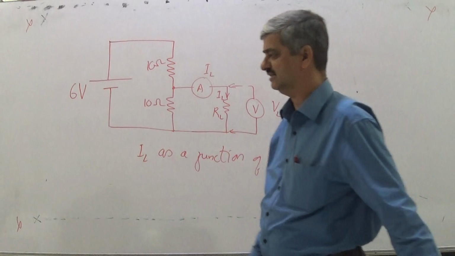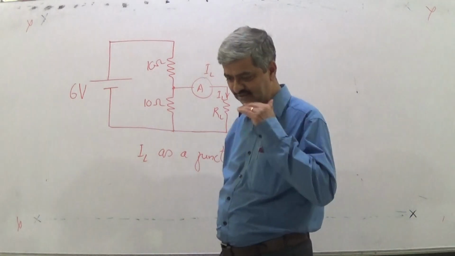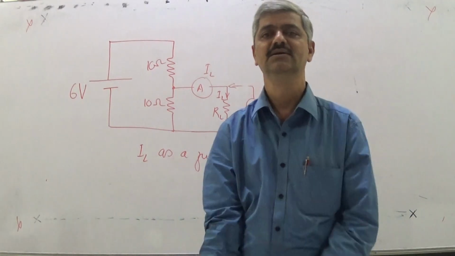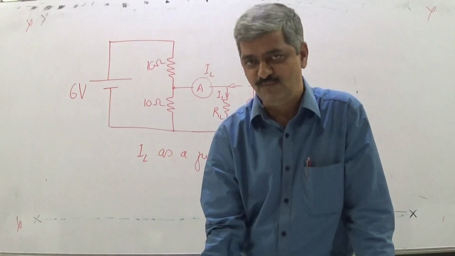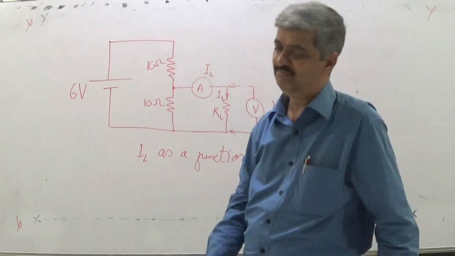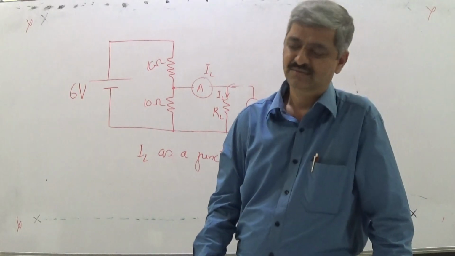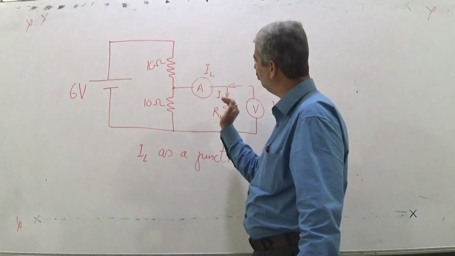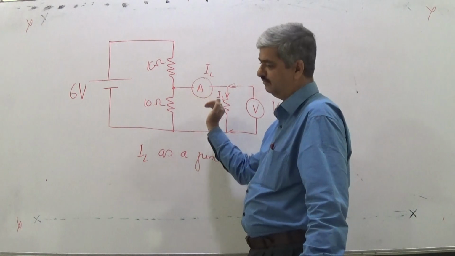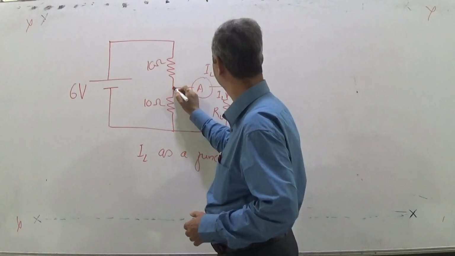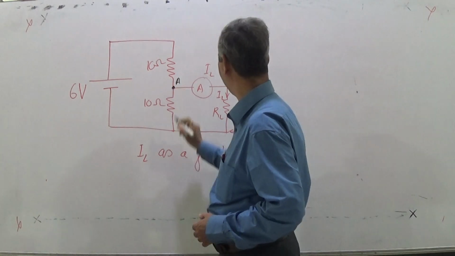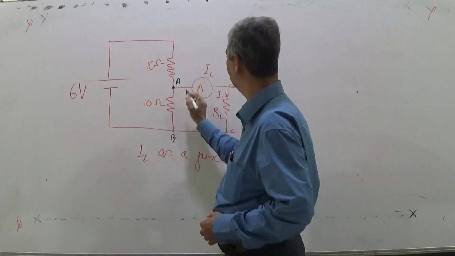Very simple as such. So the task for you tomorrow is come up with an expression for IL as a function of RL for this problem, and then when you look from this, so for you this is point A and this is point B and this is the load.